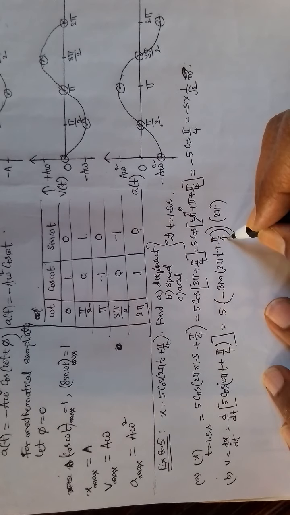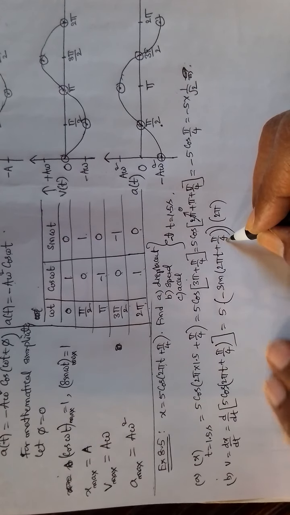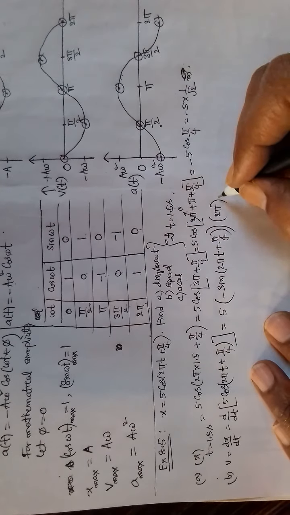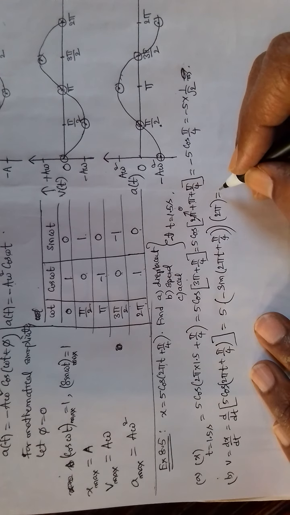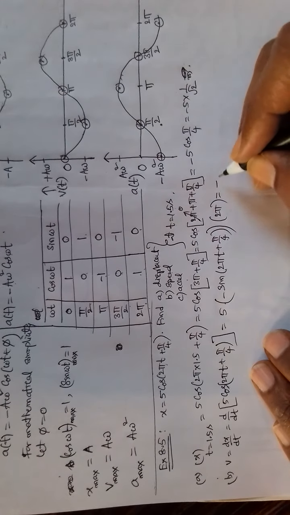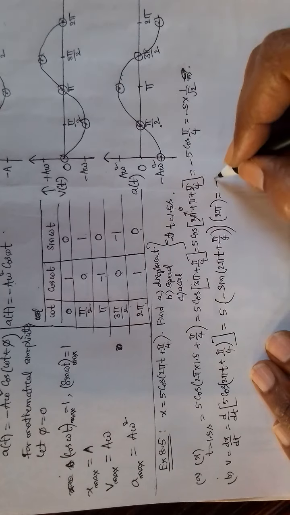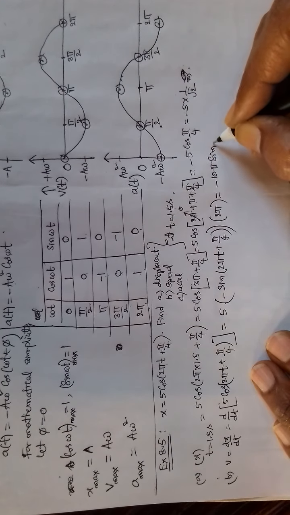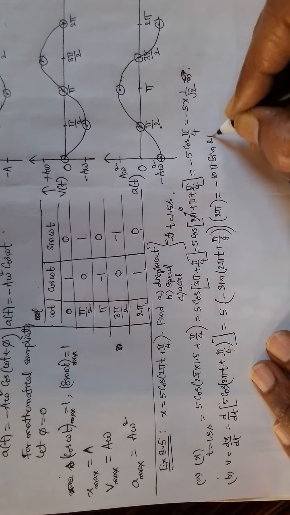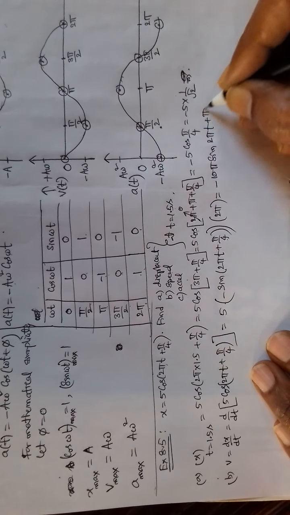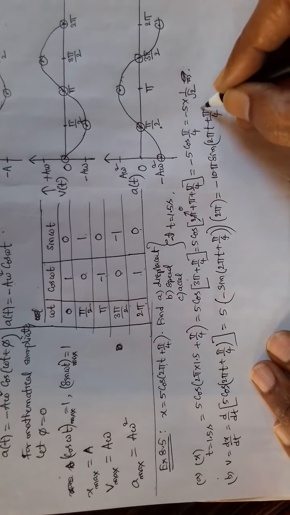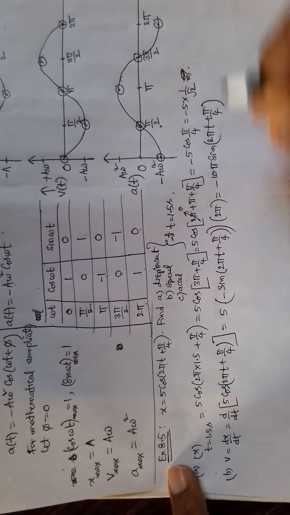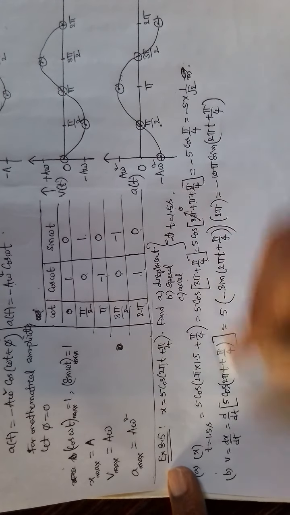And when you differentiate pi by 4, you get 0. This is a constant. So we get minus 10 pi sine (2 pi t plus pi by 4). Now speed at t is equal to 1.5 seconds.